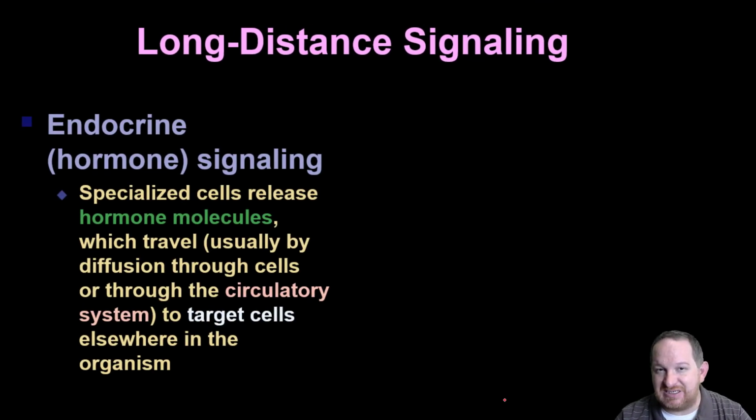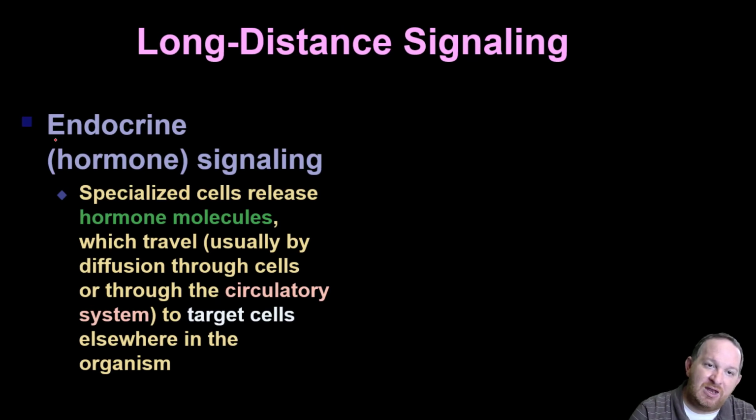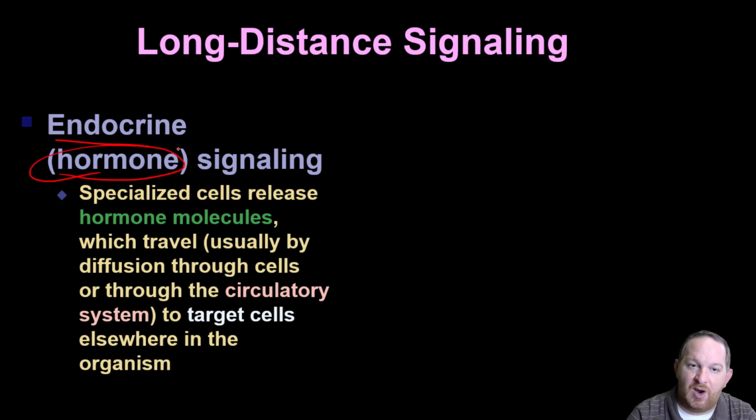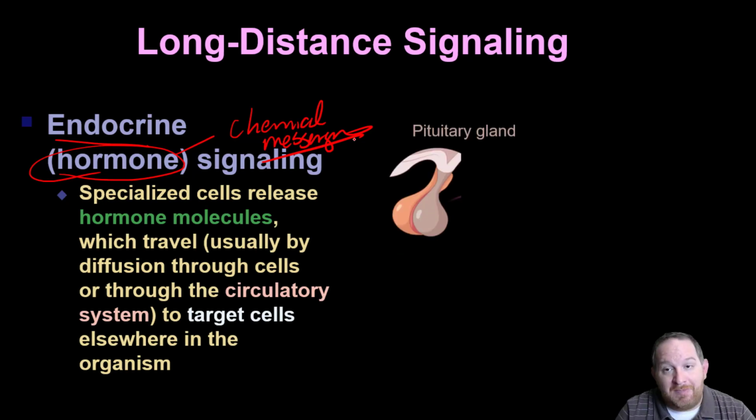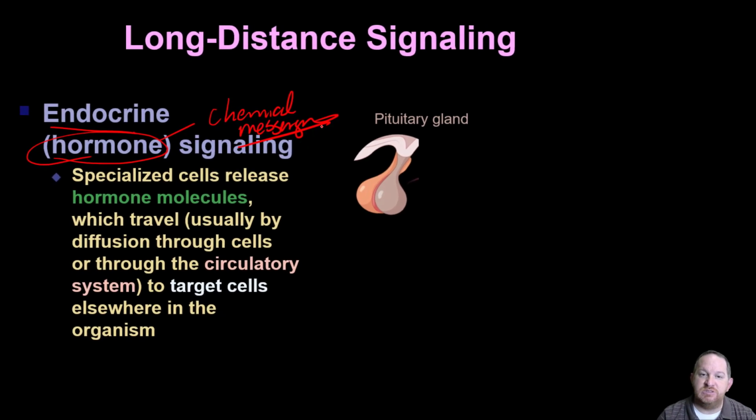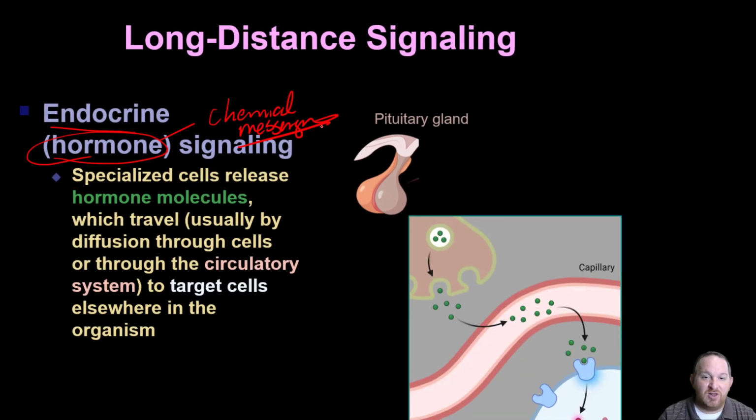Then long distance signaling. So long distance signaling we think of again with the endocrine system and hormones, right? We think hormone, just think sort of like a chemical messenger. What happens? Endocrine signaling, these chemical messengers are released by a gland generally in the endocrine system, and they have to travel a long distance. Well, how do things get a long distance in the body? They have to get into some bloodstream, right?